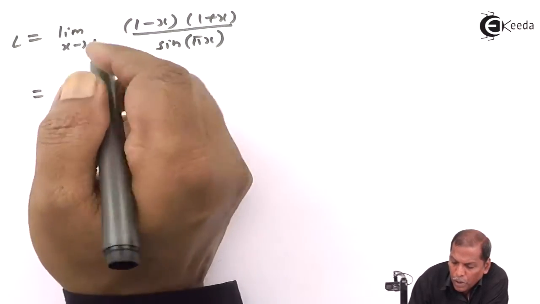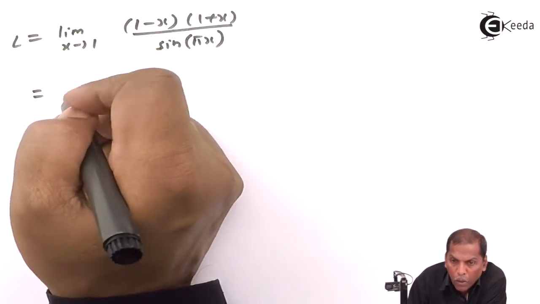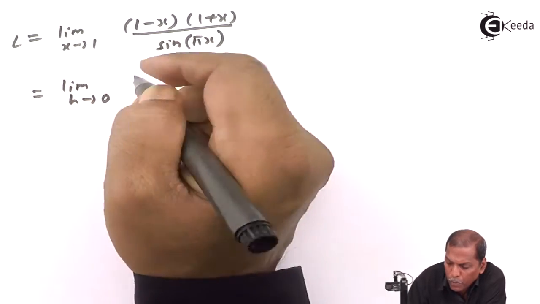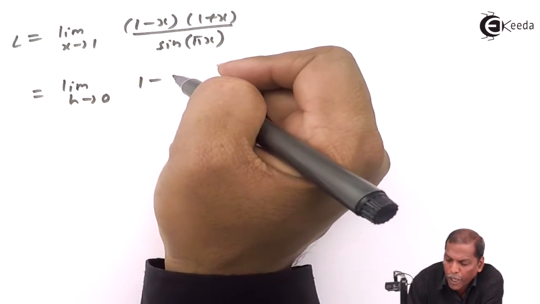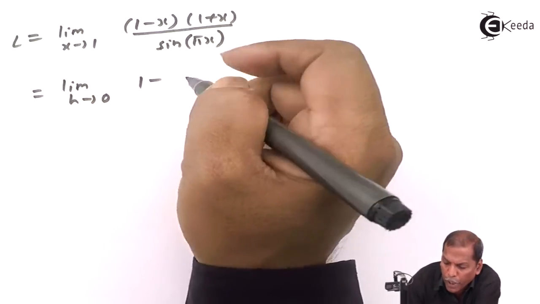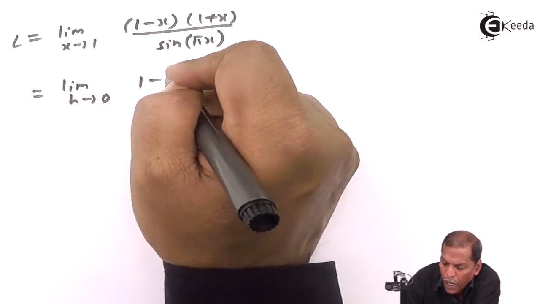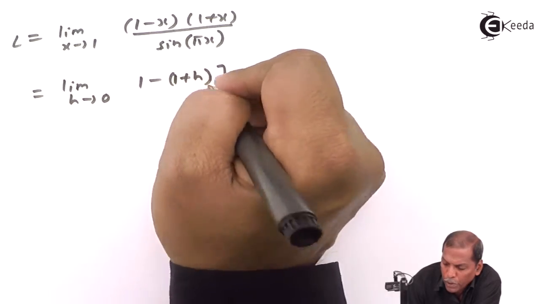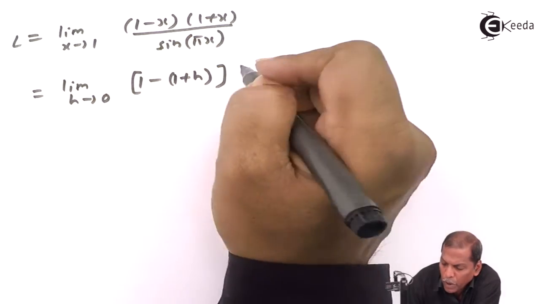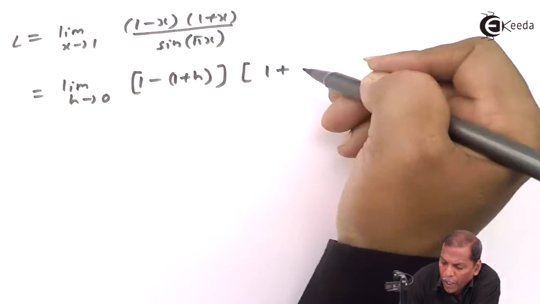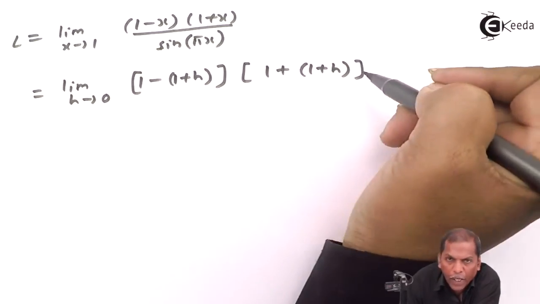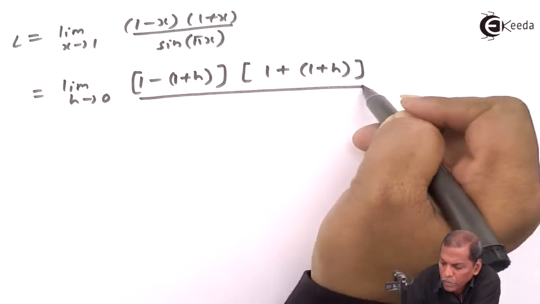Now here we write the limit as h tends to 0 of 1 minus, wherever x we write 1 plus h, so that gives (1 minus (1 plus h)) in the bracket. Then in the second bracket we have 1 plus, again for x we write 1 plus h.